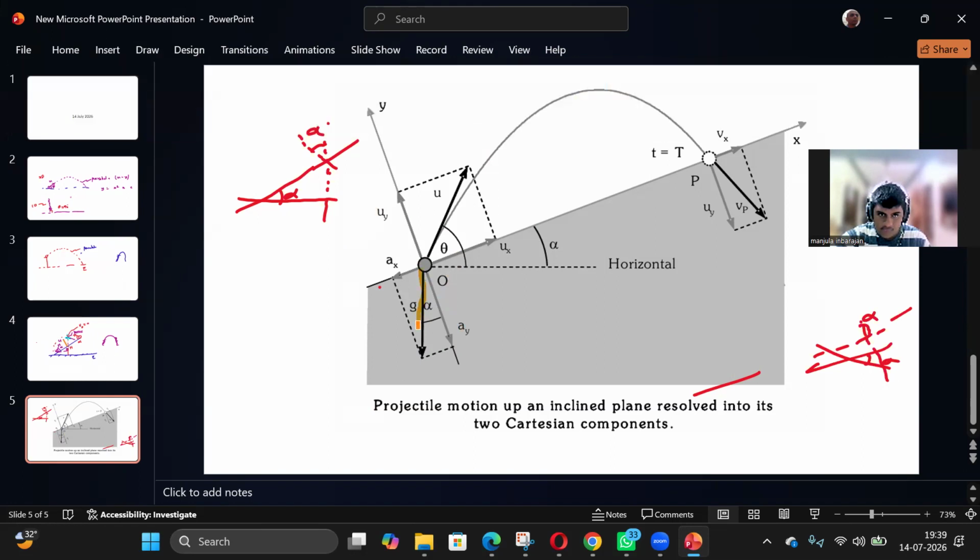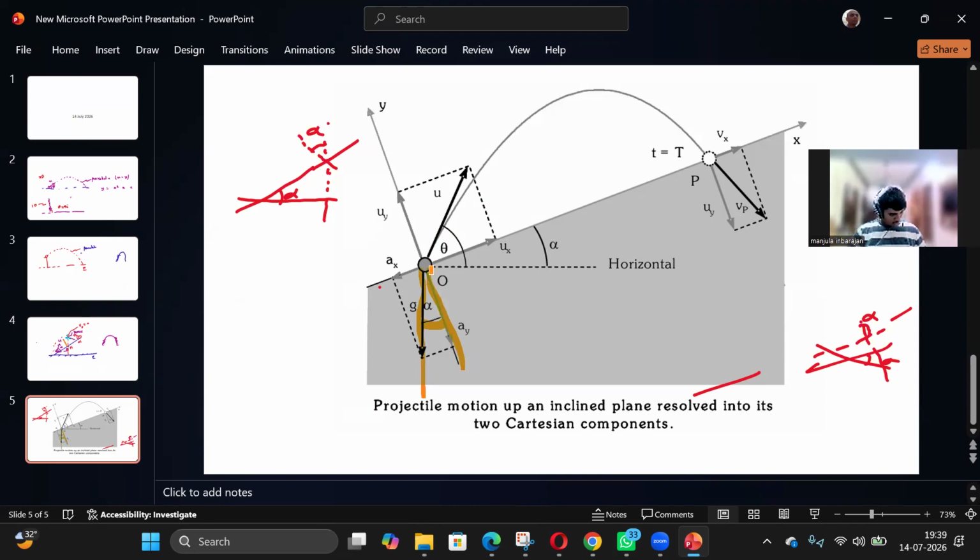Perpendicular to this plane is the normal, which is this one. So the angle between those two is also alpha.